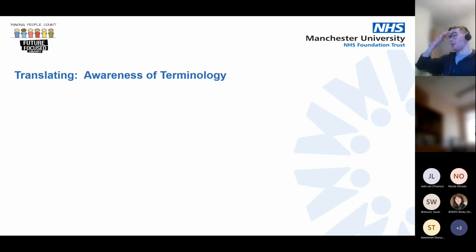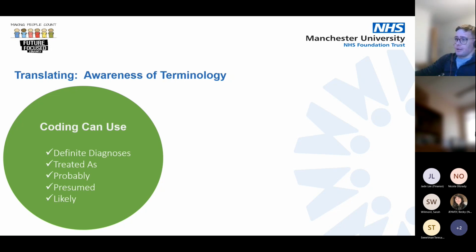So the big thing that we often talk about is an awareness of terminology, and so there's certain terms that coders can and can't use. So the list is, if you've got these modifiers against diagnoses, then we can assign the codes for those conditions, because they indicate that something was done.